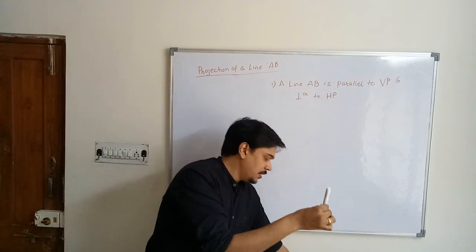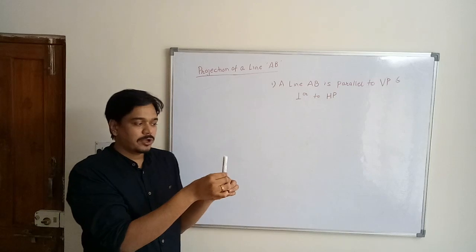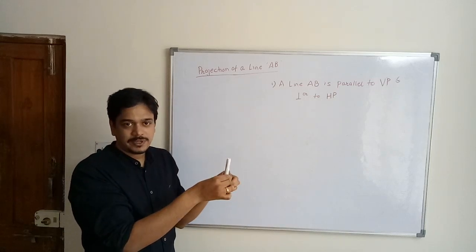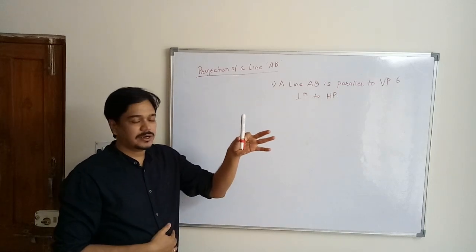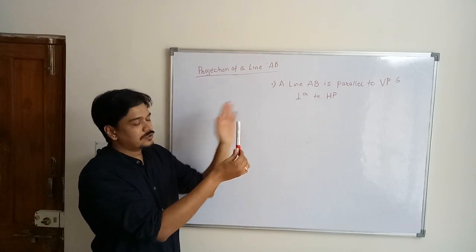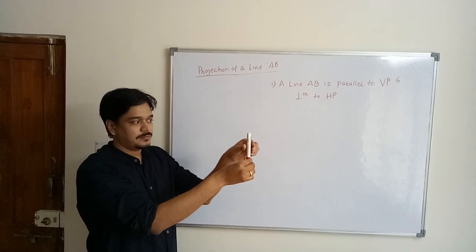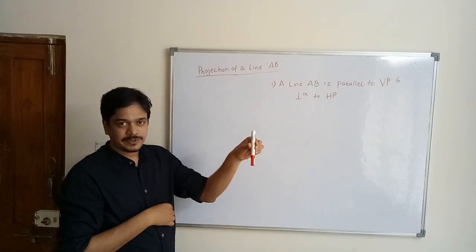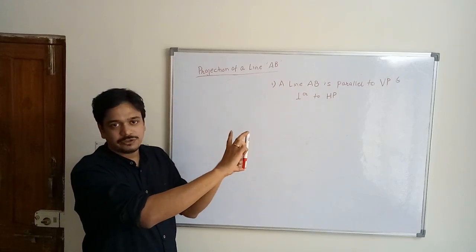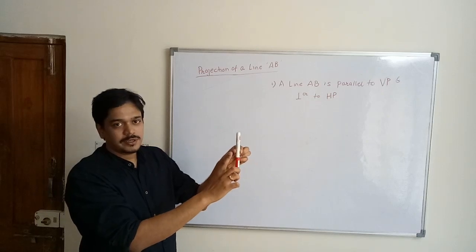Now we will skip the drawing of HP and VP. Now we have to start imagining the location of the line. It is parallel to the vertical plane and perpendicular to the horizontal plane. Again, let us take the length of the line as 80 mm.